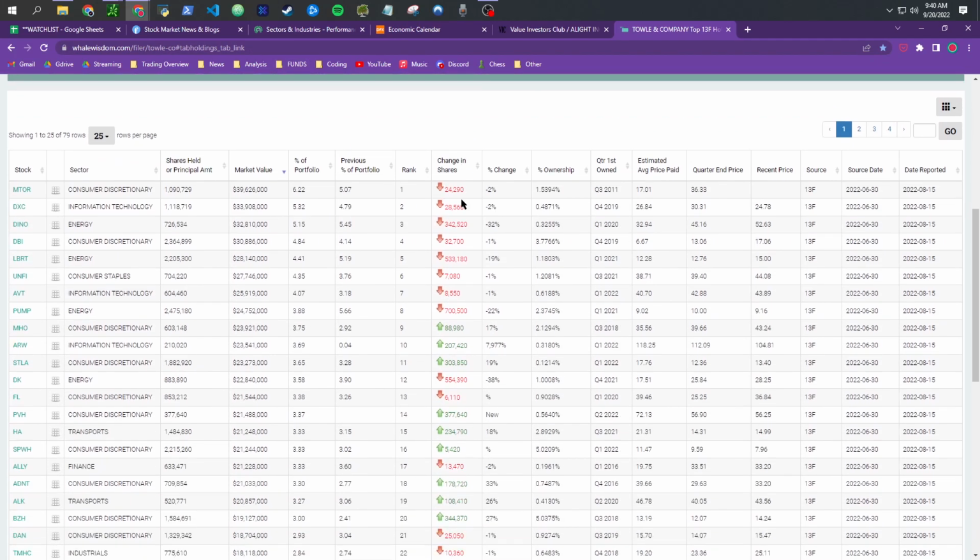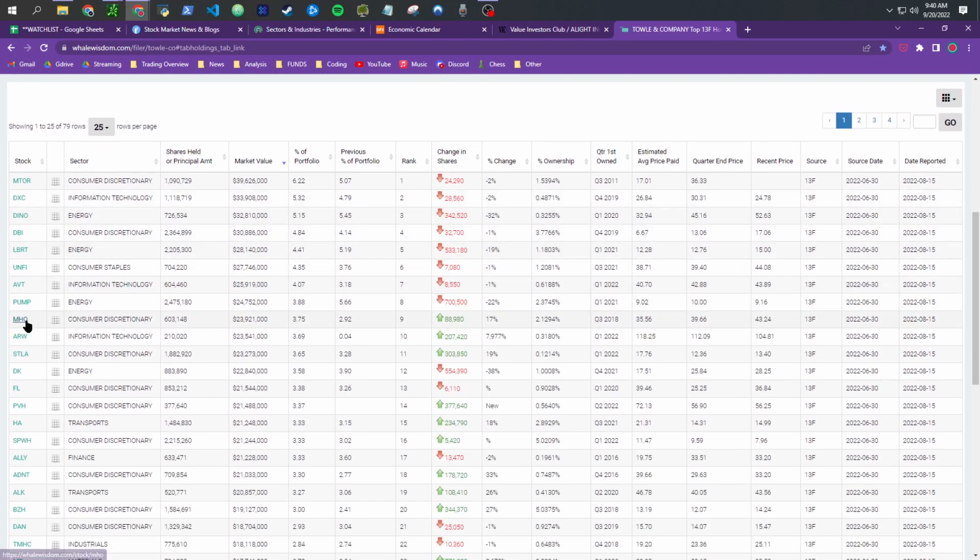Talon Company, I mentioned them. Interesting plays there. MHO's one I'm looking at. Stellantis, I just added Stellantis to my portfolio, and here he is starting to load up on Stellantis, about 3.65% of his portfolio. Honestly, I wouldn't be surprised if he's already increased it, considering that the price has come down from when he bought.